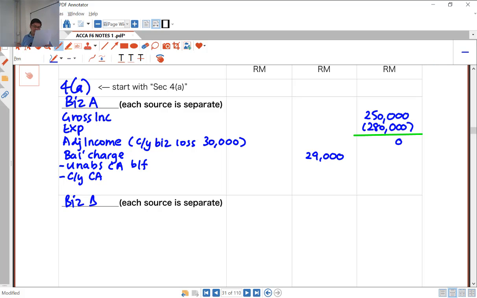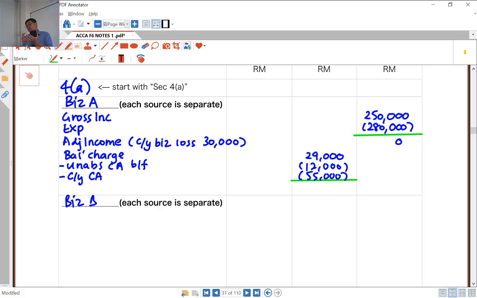So the unabsorbed CA will be 12,000. The current year will be 55. Now we do have a problem here because the amount of adjusted income that I'm left with is 0. And if you cast the allowances, you actually get a negative figure. If you take 29 minus 12, 55, it's supposed to be minus 38.